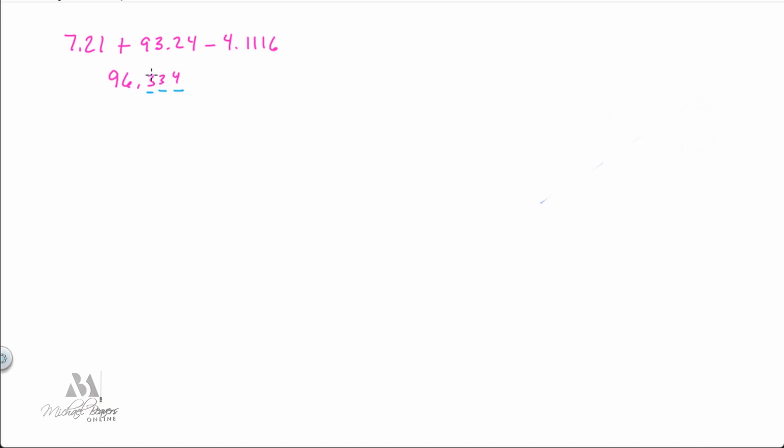So we take our two decimal places, the 3 and 3, and go to the next place over, and round. 4 is less than 5, so we make it a 0, and our final answer comes up to be 96.33. So the two decimal places here match the two decimal places in the number in the problem with the least number of decimal places.